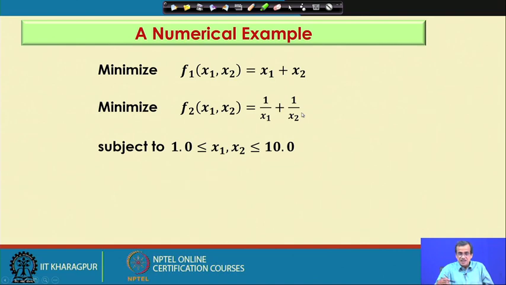If I increase the values of x1 and x2, f1 is going to increase, but at the same time f2 is going to decrease. So these two objectives are fighting with each other; they are conflicting. This is an ideal problem for getting the Pareto optimal front. Now, let us see how to solve this two-objective optimization problem with the help of this DPGA.